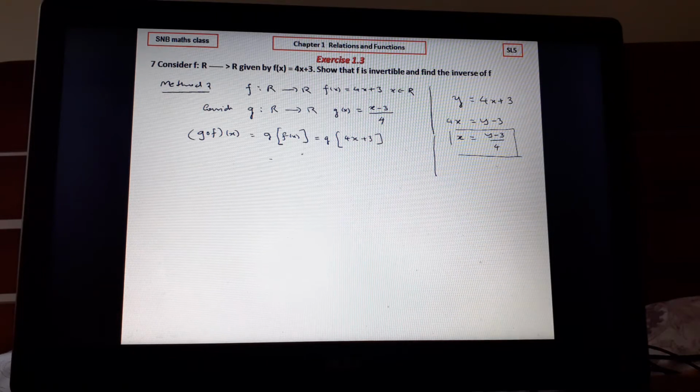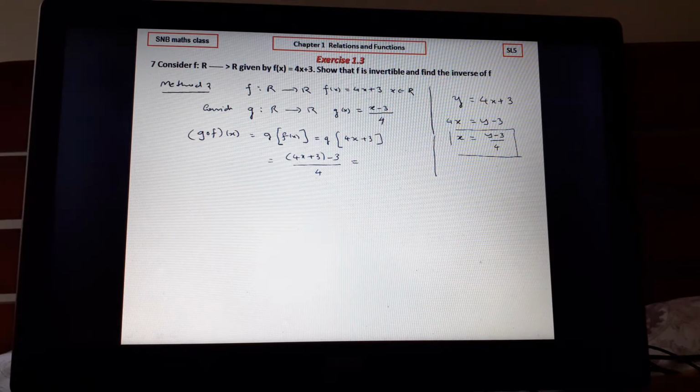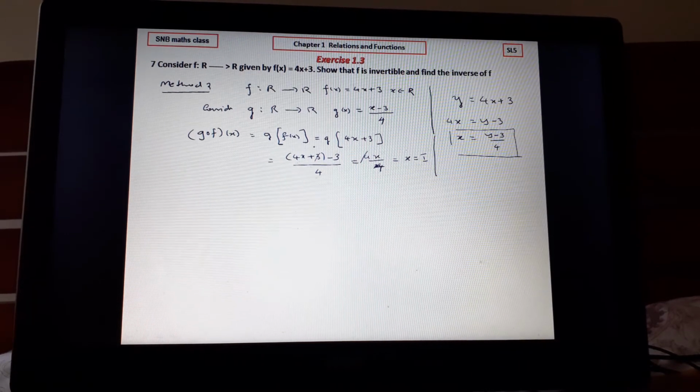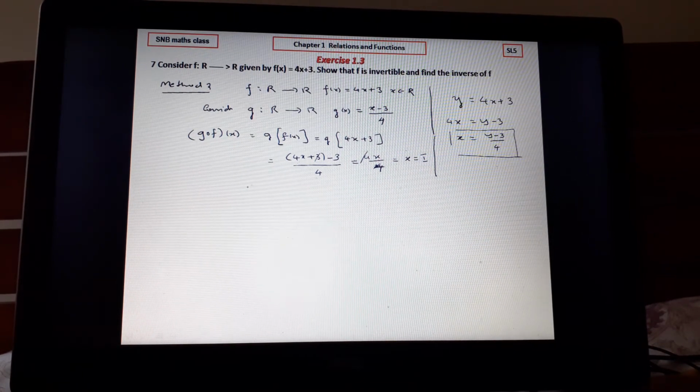Now g of x is x minus 3 by 4. Therefore g of 4x plus 3 is 4x plus 3 minus 3 divided by 4. That is, wherever there is x, you substitute 4x plus 3. You can cancel 3 and 3. Then you get 4x by 4, and cancelling 4 you get x. So this is nothing but I, but you need not write it because domain and codomain are the same. So it is the identity function.